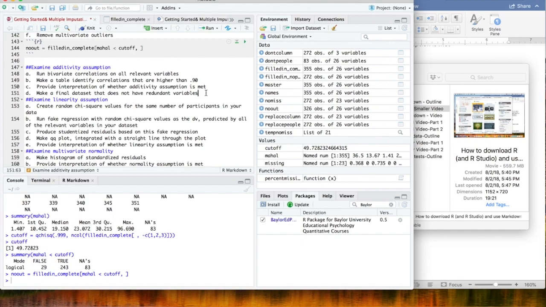The purpose of checking these assumptions is really to get to know your data. Because at the end of the day, when you run your analysis and you get your results, if something is funky or weird, it would be nice to have all of this additional information to be able to diagnose what might be the problem.